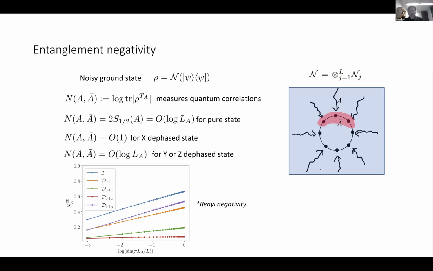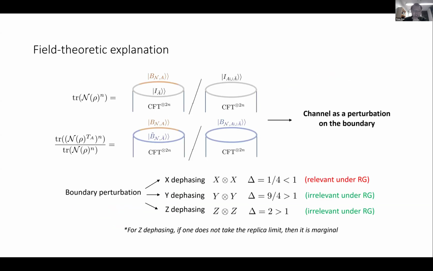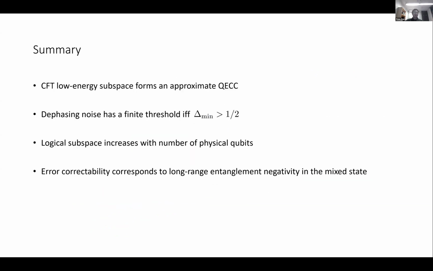Quantum error correction is possible if and only if there's still long-range entanglement after you apply the noise. So that's the physical interpretation. And there's also some boundary CFT stuff, which unfortunately I don't have time to go into, that explains all this behavior. So okay.